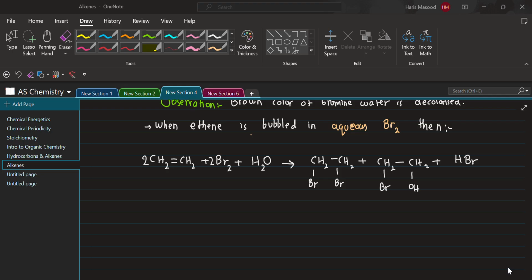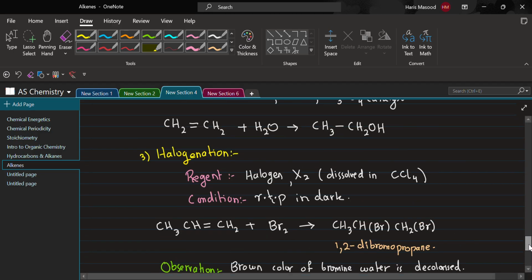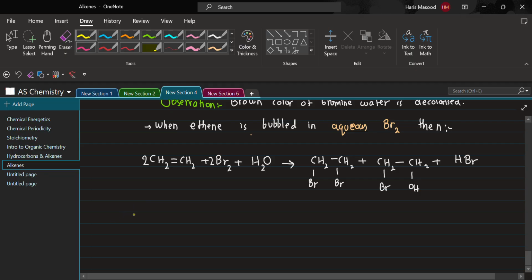You just have to do this at room temperature. We have already drawn the mechanism also. This is our fourth.